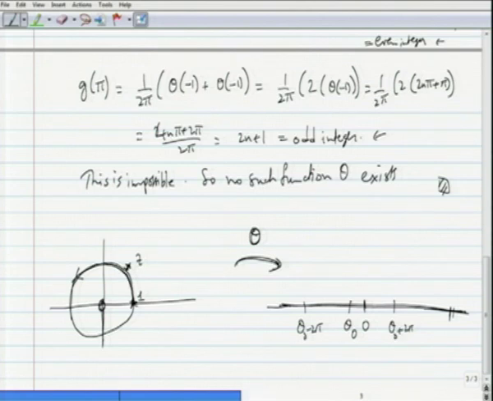And as we go like this, in choosing a continuous theta naught, we end up at 2 pi by the time we reach here.